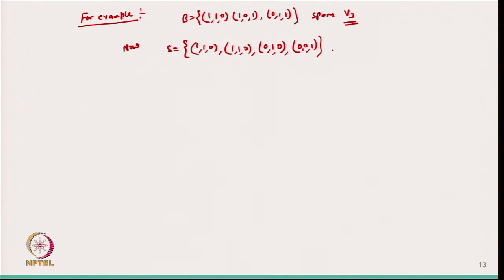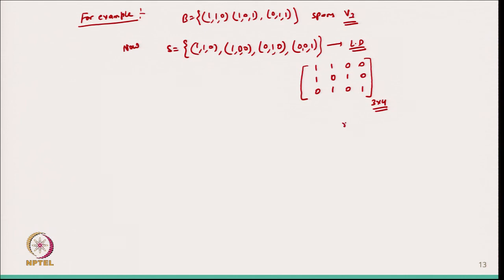Then definitely it will be linearly dependent, because we are going to have a matrix with columns 1 1 0, 1 0 1, then 0 1 0 and 0 0 1. Suppose I have taken these elements. So, this is 3 cross 4.